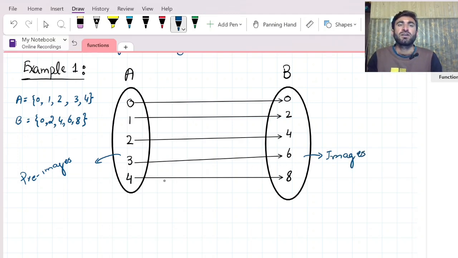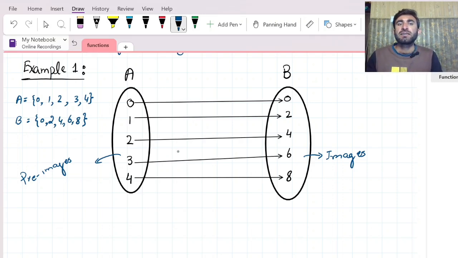All right. Now we have to check the conditions. Do they fulfill the condition of a function or not? First of all, elements of first set are mapped onto the elements of second set. That is true. First condition is fulfilled. The second condition was that every element should have a unique image, and we can see that every element of first set have only one image, so the image is unique.